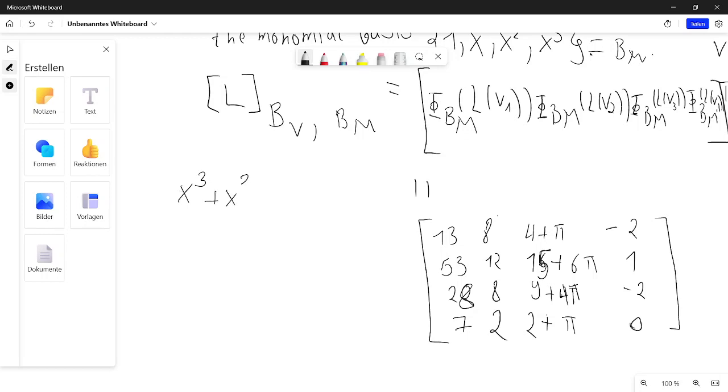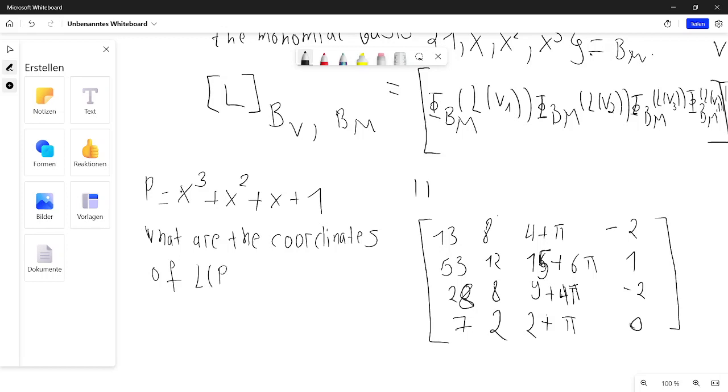So a polynomial from V, for example, this polynomial, P, and asks you to compute, well, what are the coordinates of L of P in the standard basis.